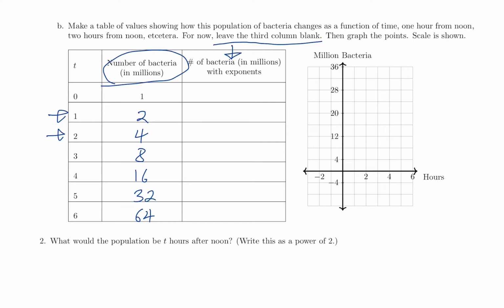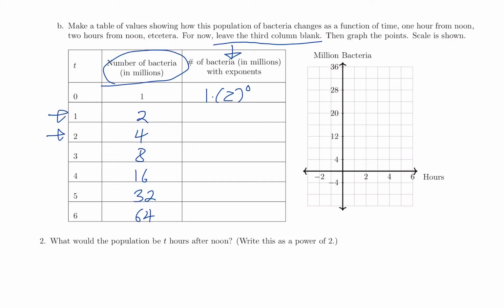So let's try to write an exponent in the third column, to recognize a pattern of relationship. First one, since it doubles, we can think of it as 1 million times 2 to the 0 power. Again, anything to the 0 power is 1. Maybe I will show after problem 2 why anything to the 0 power is 1.